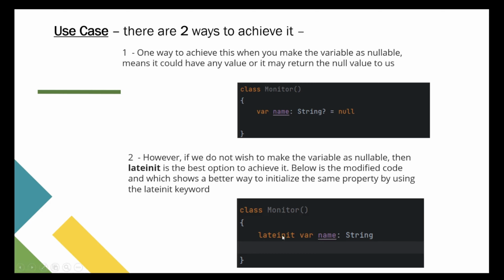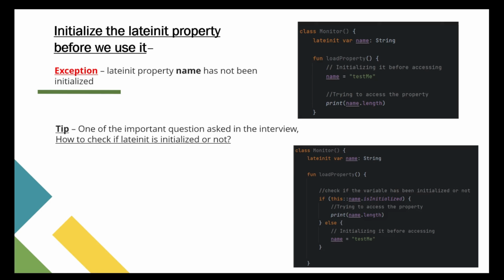So this is another example where I've used the lateinit keyword, appended here over the var name. So basically I want the lateinit keyword to be used and it will not be returning a nullable result.